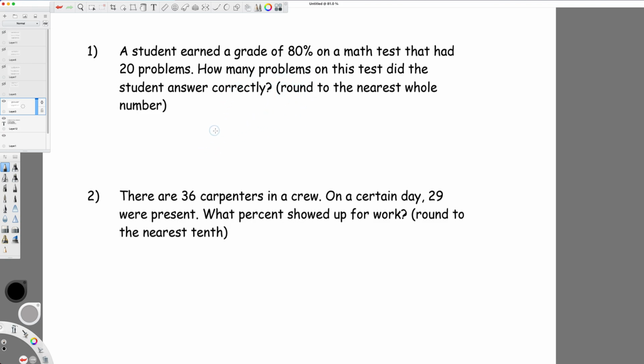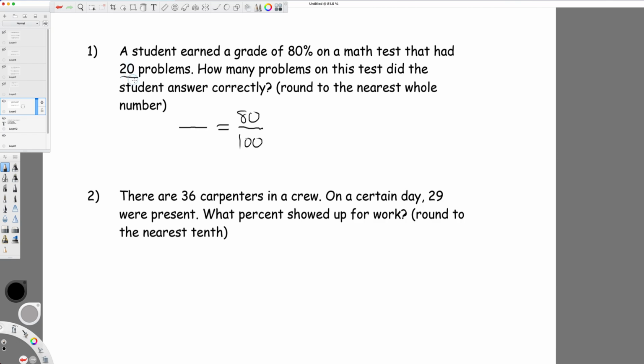So the percent proportion goes pretty straightforward. On the right side, I always want you to put the percent that you're given over 100. That locks in half of the proportion every single time. And then on the other side, we just need to put that other number that we're given, this 20 problems.